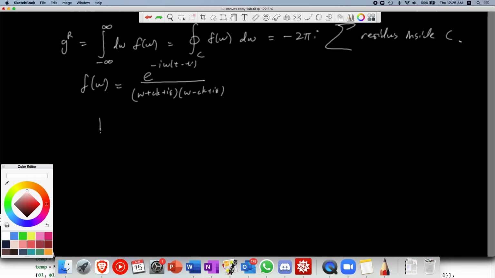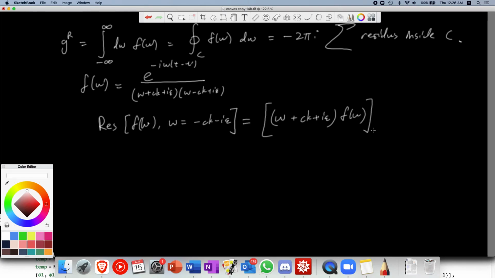We need to calculate the residue of this function f of omega at omega equals minus ck minus i epsilon. For the first one I'll write it out in more detail. It equals omega plus ck plus i epsilon times f of omega, the whole thing evaluated at omega equals minus ck minus i epsilon.